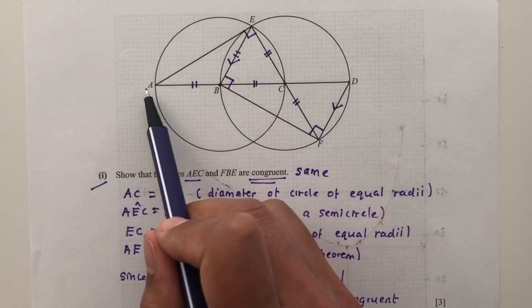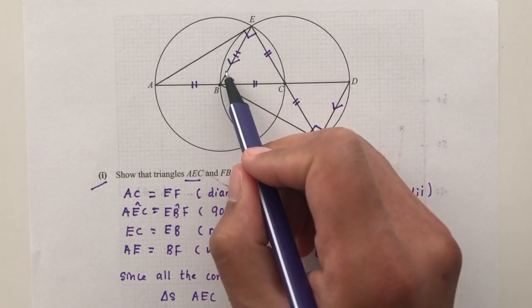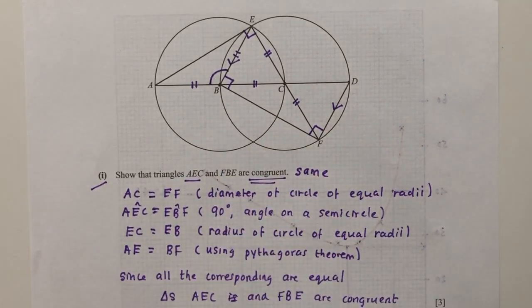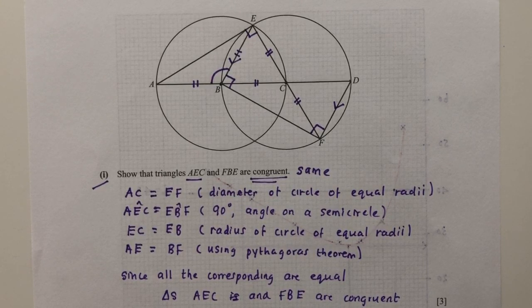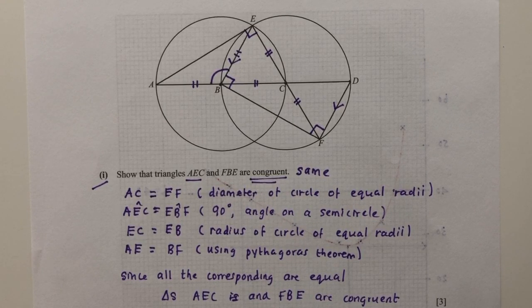So where is angle ABE? Find this angle here. So let's see how we can find this angle. Do we know any values? Probably no, we don't know any values.